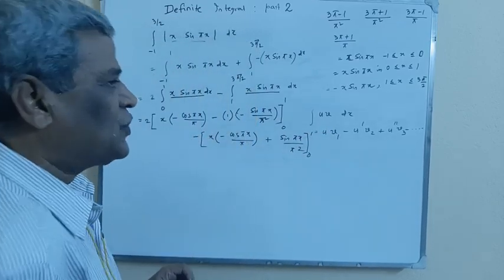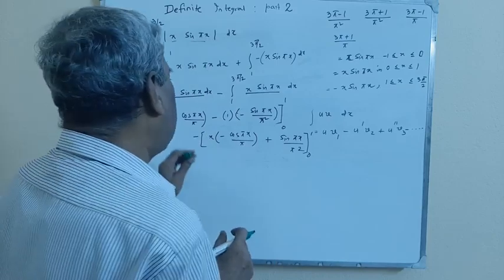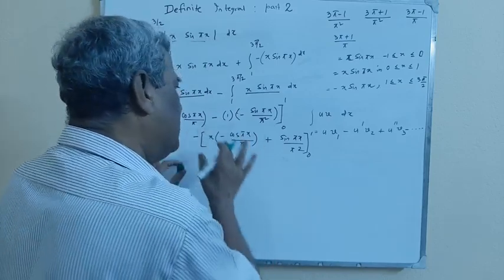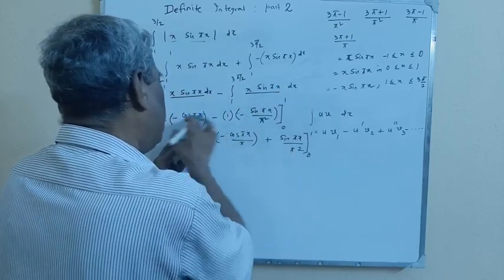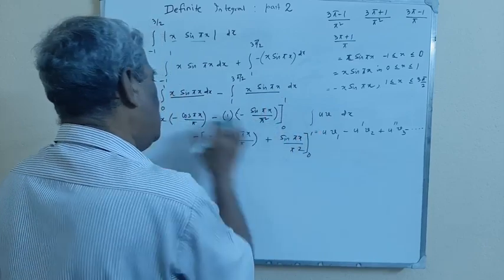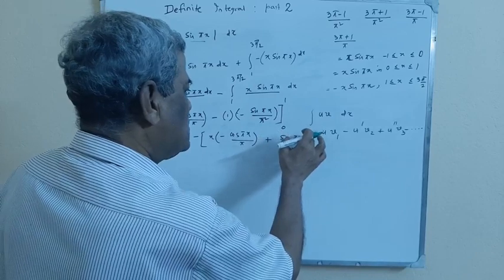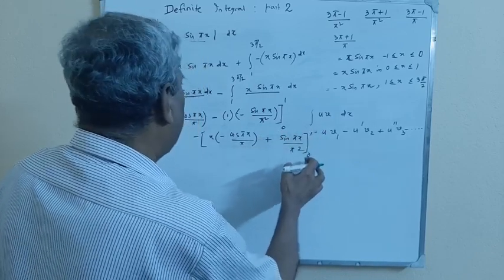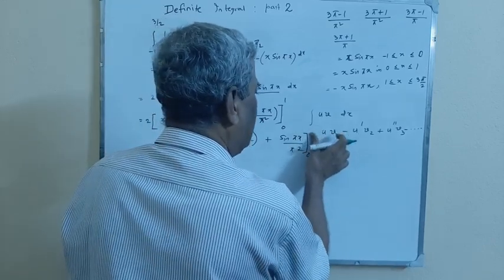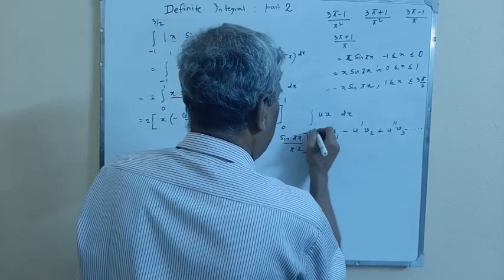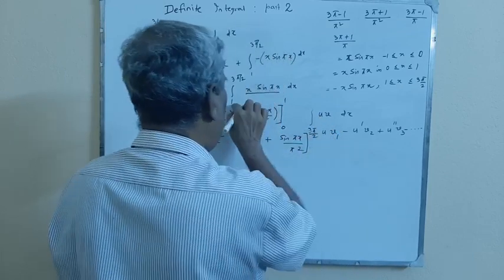Now the integration is complete, and now what to do? We have to put the upper limit, then the lower limit. In that case, the upper limit is 1, very easily you can do that, and the lower limit is 0. For the other case, the upper limit is 3 pi by 2 and the lower limit is 1.